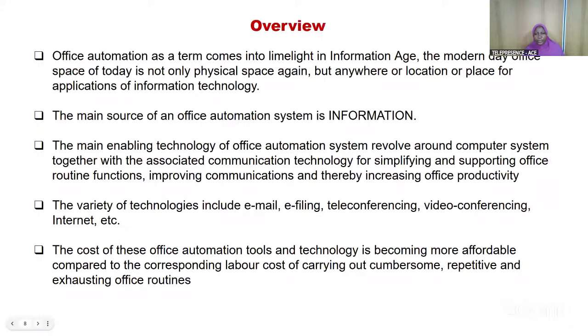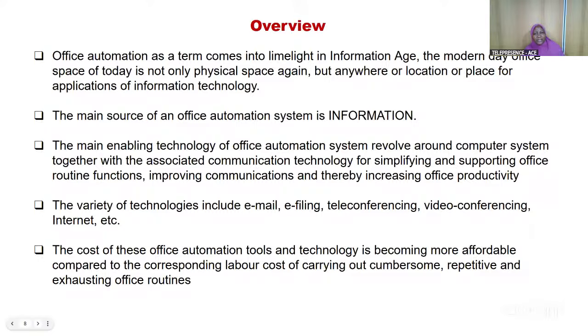Talking about office automation, at the beginning, people talk about office, modern day office, traditional office, conventional office, and so on and so forth, all connoting a physical space.